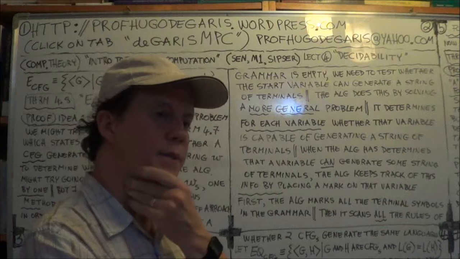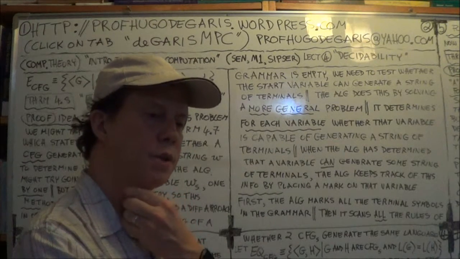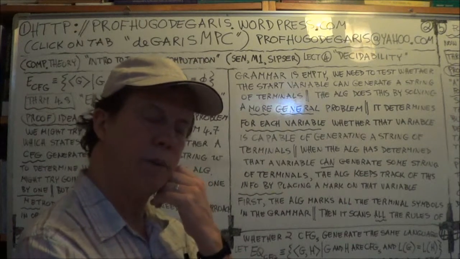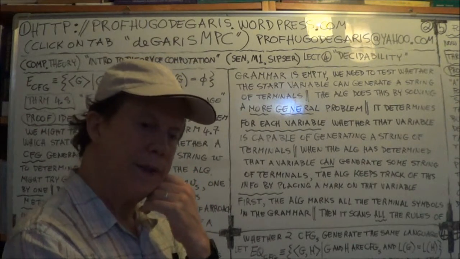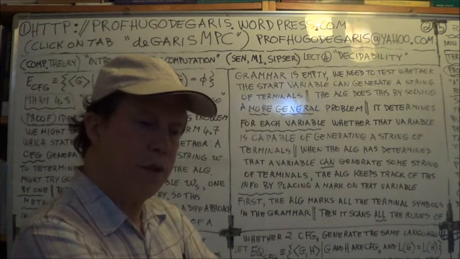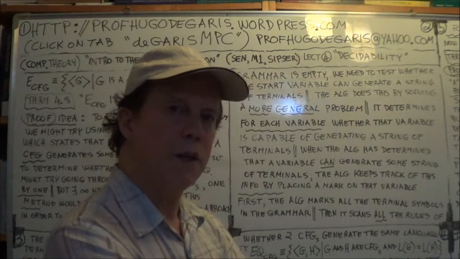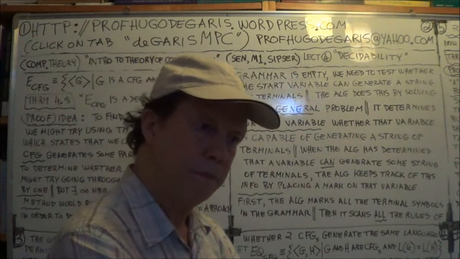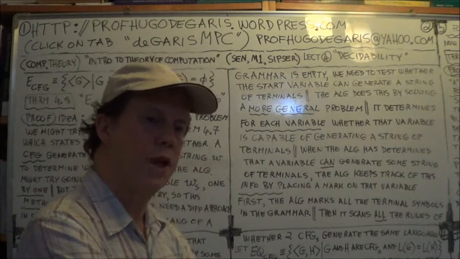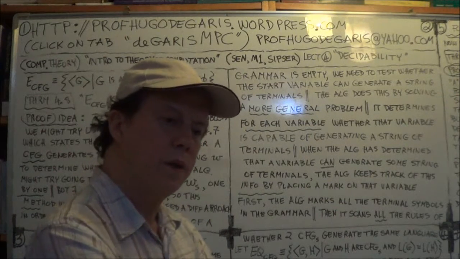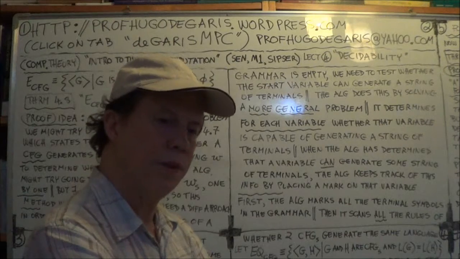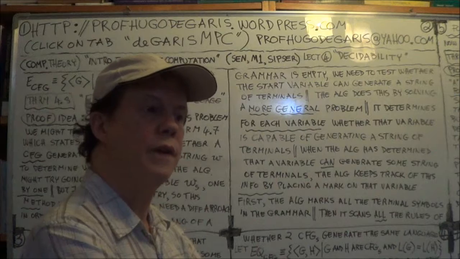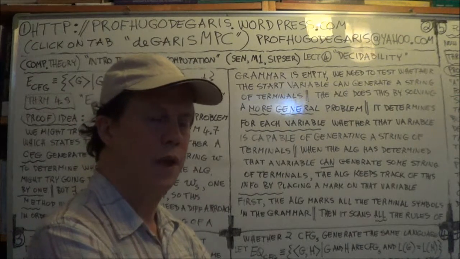Okay, so you start with a start symbol, and then you use your substitution rules in set big R. And you keep substituting or overwriting, if you like, the variables in your current string with the right hand side of your substitution rules, and that right hand side typically will contain a string of variables and terminals, and you keep doing that.